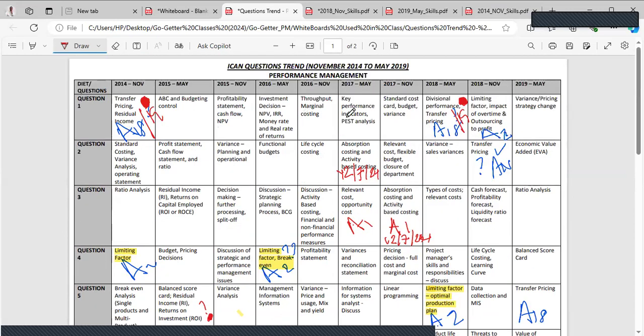Okay. So I think that's all. But you should also look at questions from November 2019 down to the recent years to see if you can see any question that has to do with transfer pricing and what we've learned.